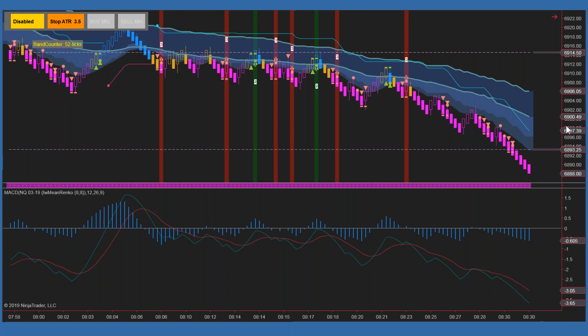Timing these subsequent opportunities can be really tricky, unless you follow the MACD's zero line. So what we're looking at now is the histogram here a little bit. So we have the MACD cross.